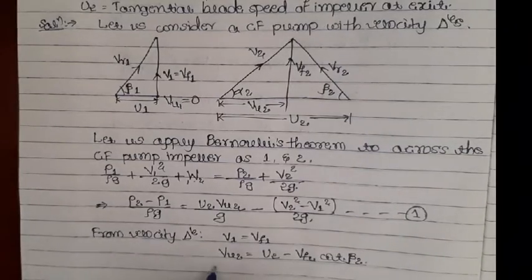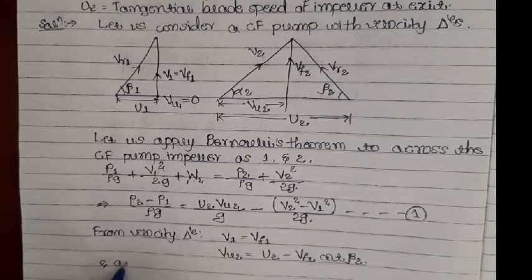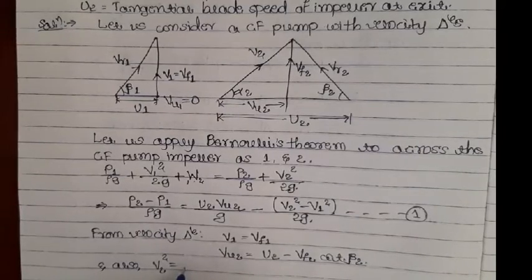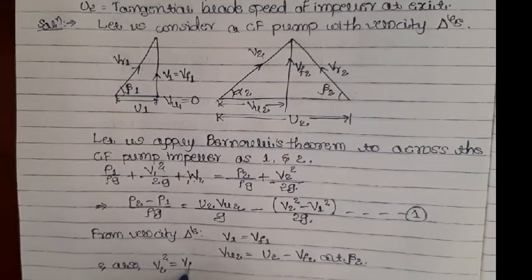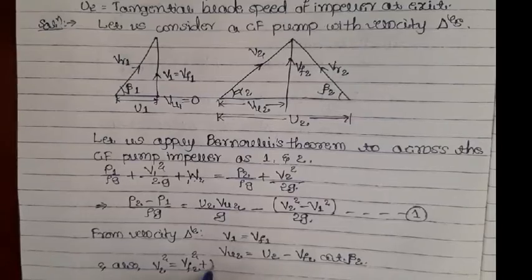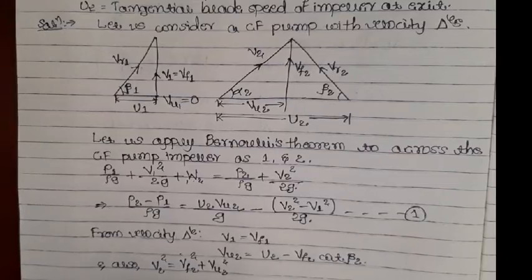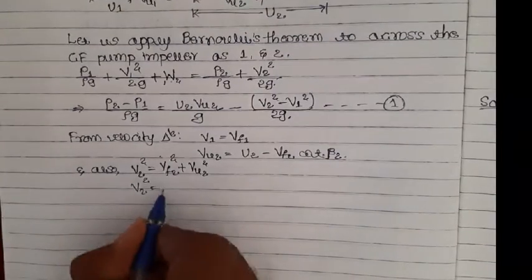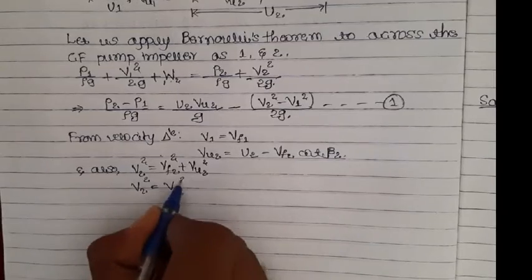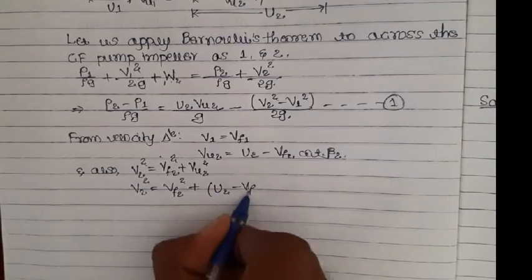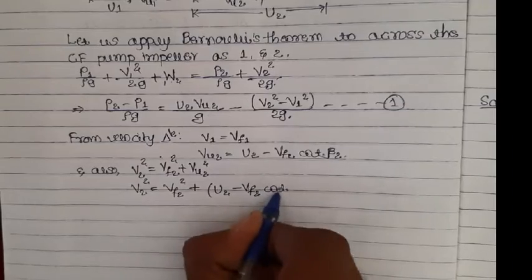And also from the outlet velocity triangle, V2 square is equal to Vf2 square plus Vu2 square, right? But what is Vu2? It is U2 minus Vf2 cot beta 2. So therefore V2 square is equal to Vf2 square plus U2 minus Vf2 cot beta 2 whole square.